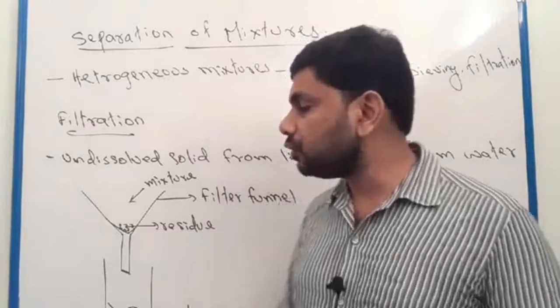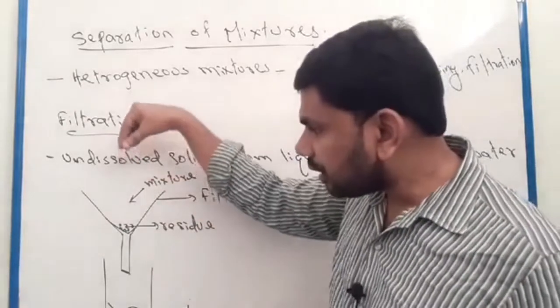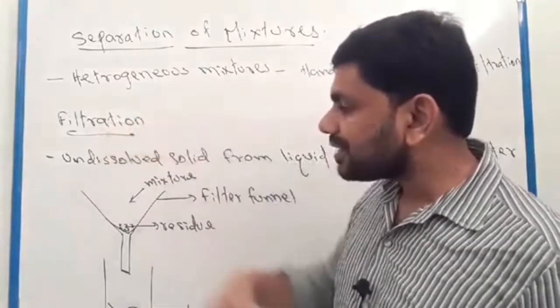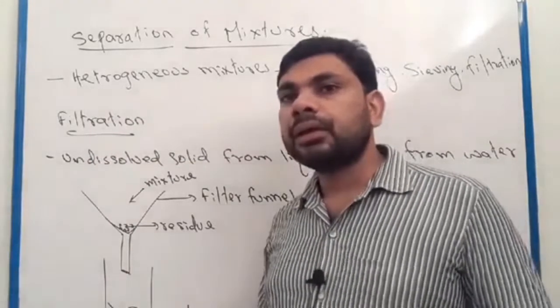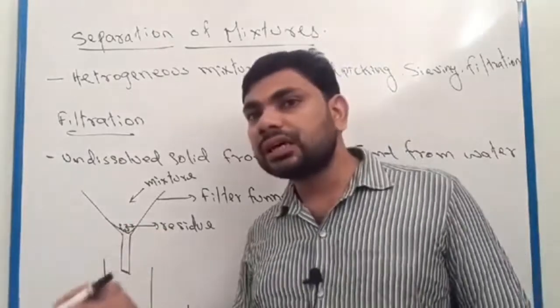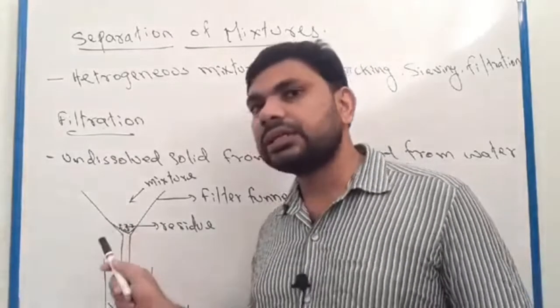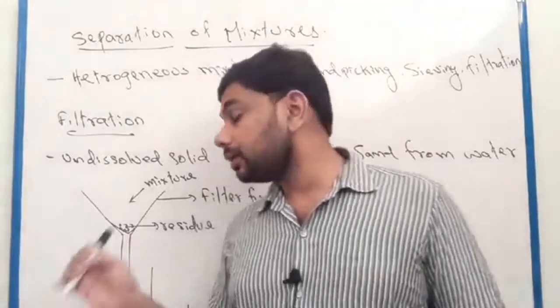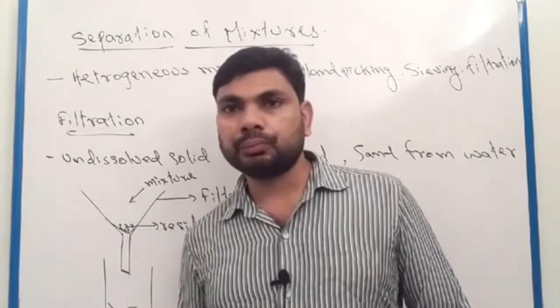For example, when you put sand with water on the filter funnel, sand will stay over here, only water will come down. The sand which stays here, the solid which stays over here, is called residue.